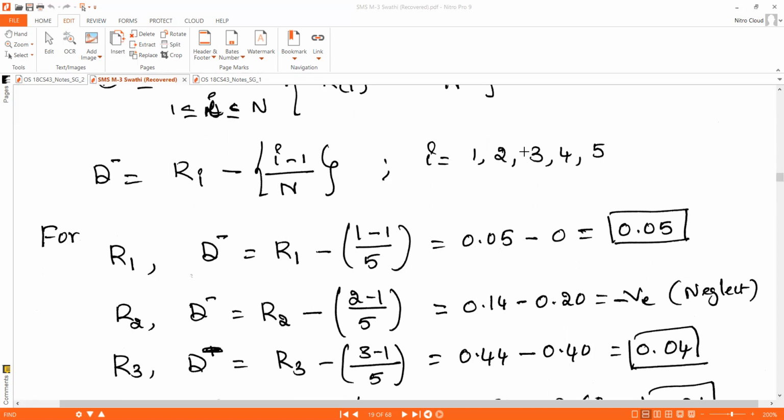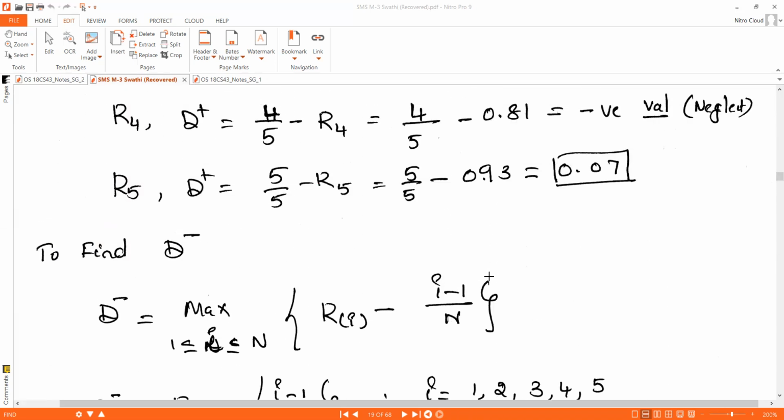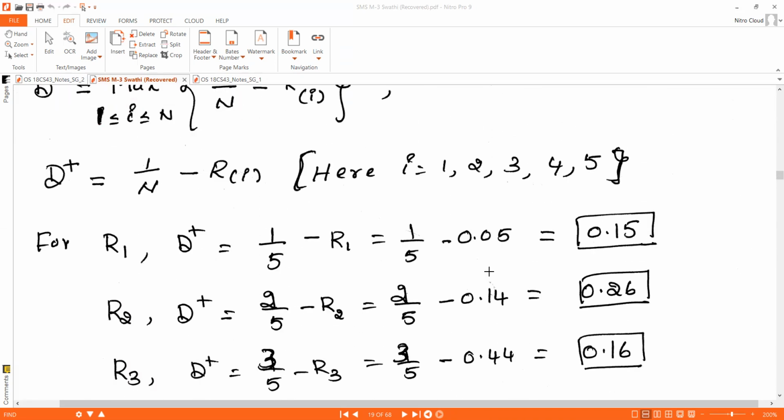Now we'll see when i equal to 2, what is the d minus value? We need to find it. When i equal to 2, how will the d minus formula become? Wherever i is there, we'll substitute the i value as 2. Then d minus is equal to R2 minus (2 minus 1) by 5. R2 value is 0.14.